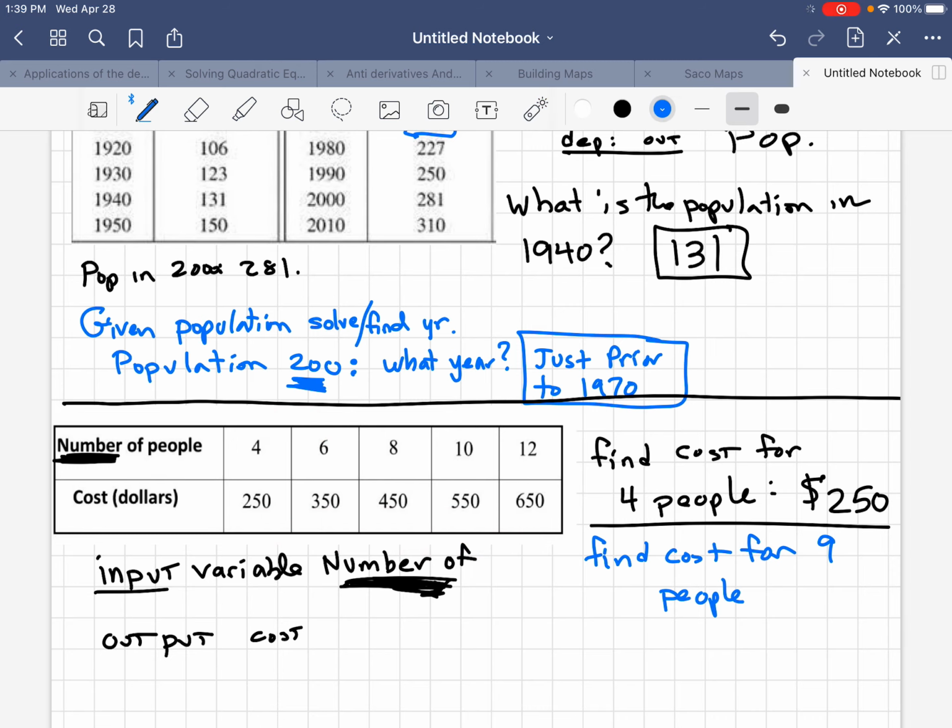So if it's going up 100 per 2 people, I can make the guess that it's going to go up $50 to an even 500 for 9 people. So we can use some logical reasoning to get that number.